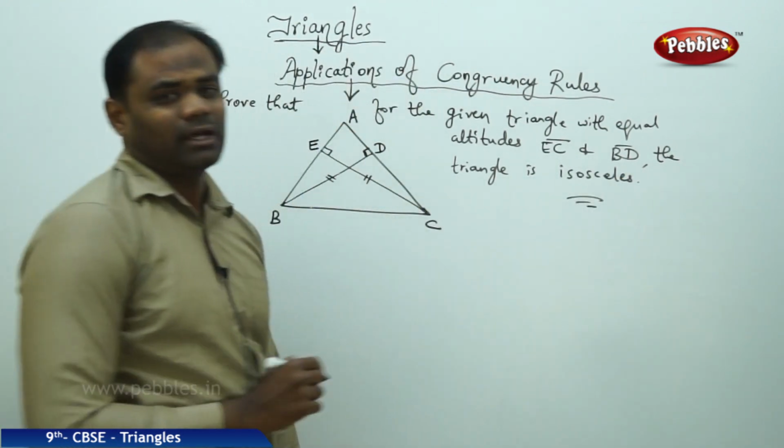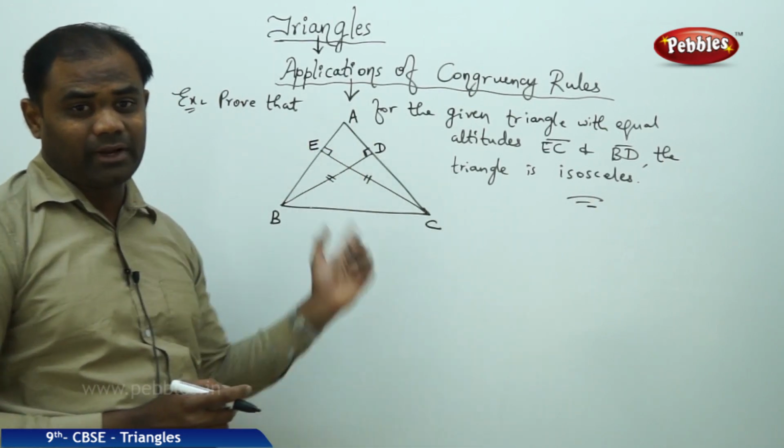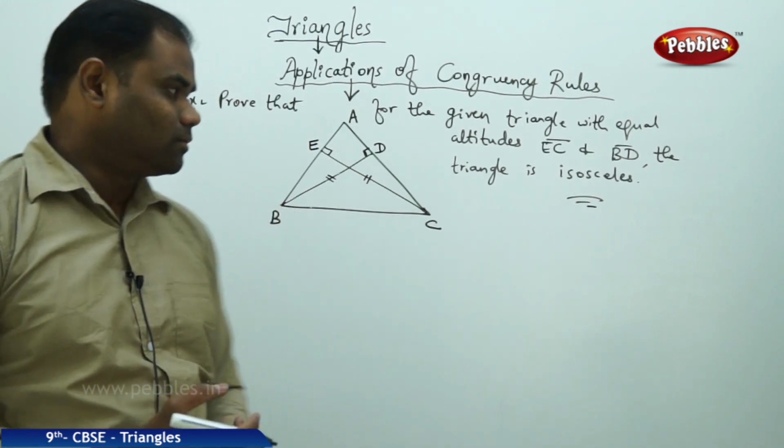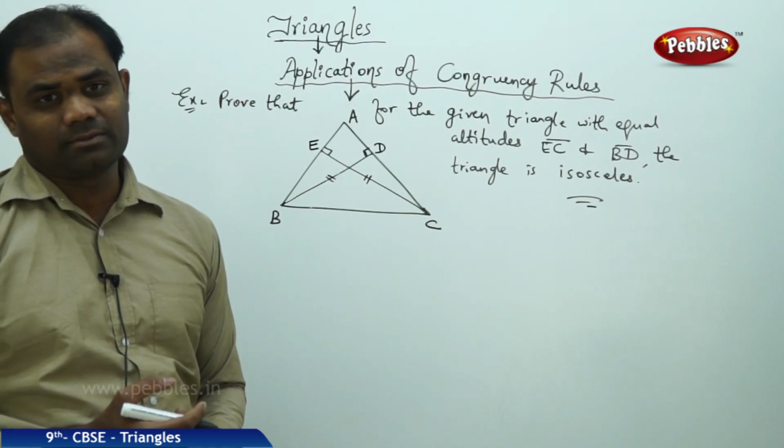This is the question I have. Given that the altitudes are equal, I have to show that the entire triangle is isosceles. Let's see how we can define the isosceles property using congruency rules.